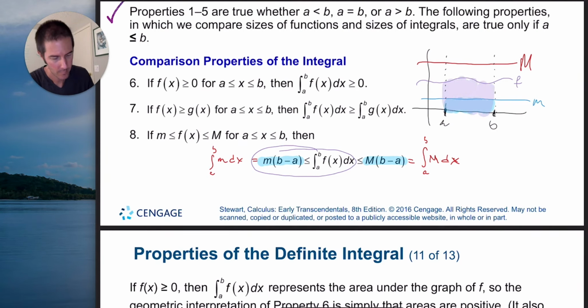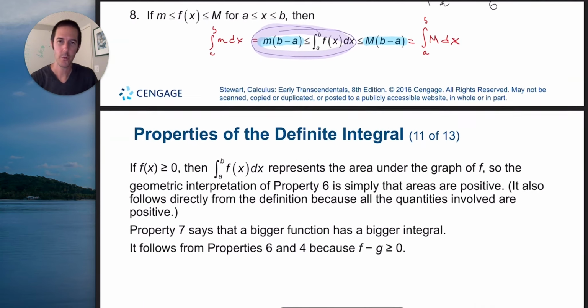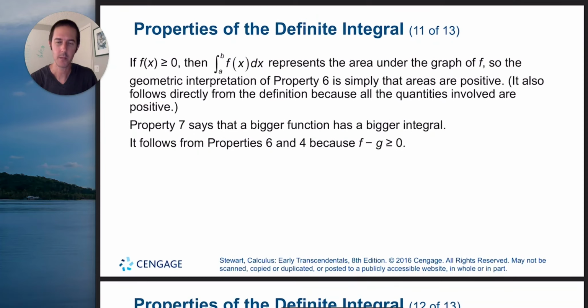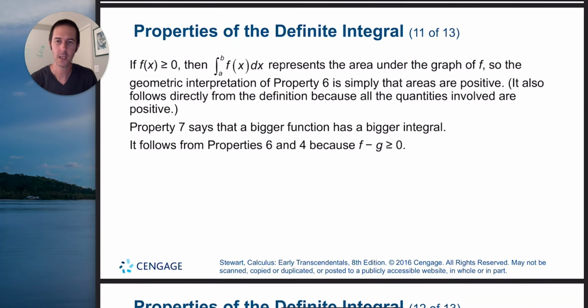Okay, that's what this says. That if lowercase m is below your function, then the area under the thing that's below your function is going to be less than the area under your function. We're so thorough in mathematics that sometimes we have to state the painfully obvious. But to some people, those ideas were not as obvious as they are to other people, so that's why I want to make sure to touch on them.